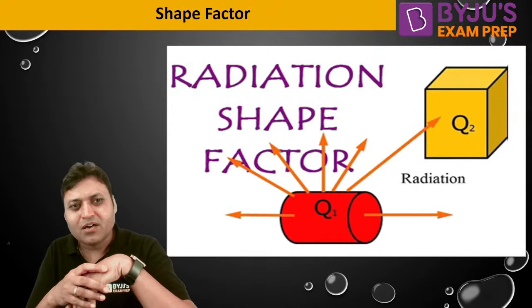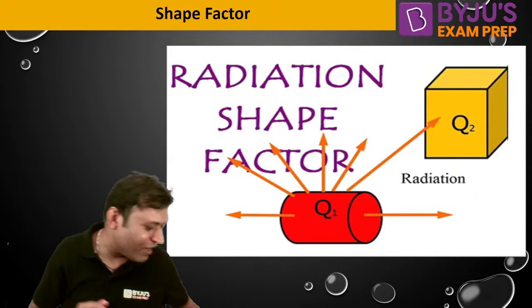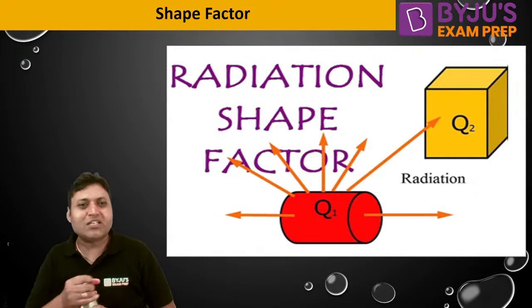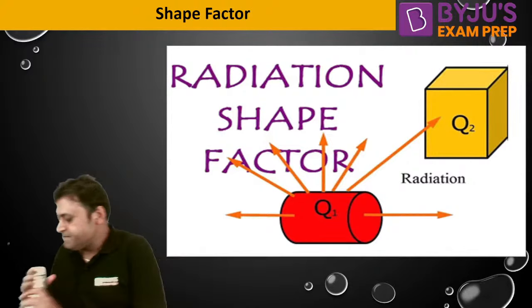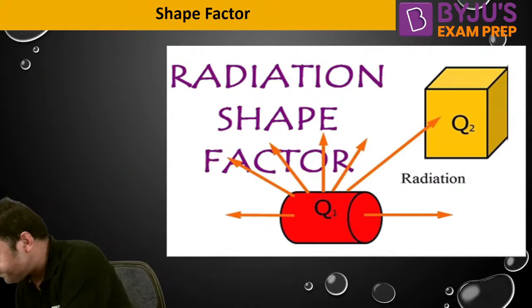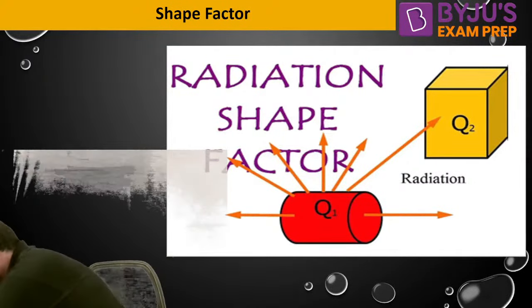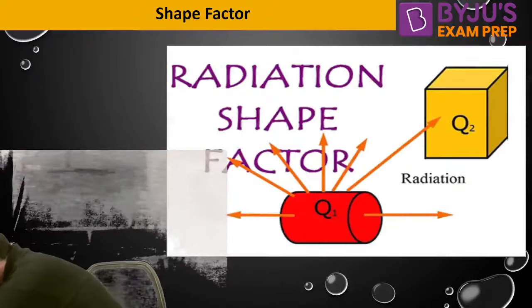Yes, for a hemisphere, it is the solid angle. Pi is the total solid angle for a hemisphere. Let me explain this way.